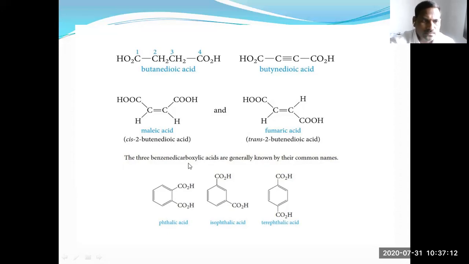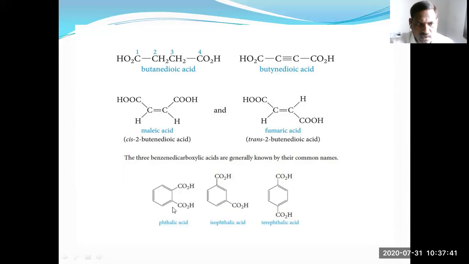So on a benzene ring, if two carboxylic acids are present, what are the common names of these aromatic dicarboxylic acids? Two carboxylic groups present at 1,2 positions, the common name is phthalic acid.